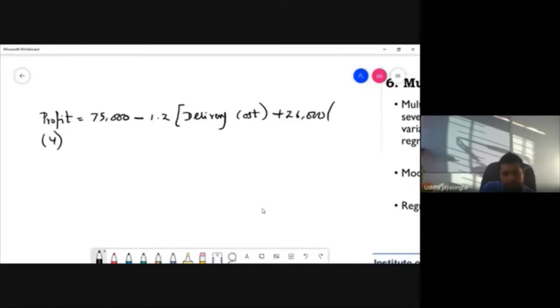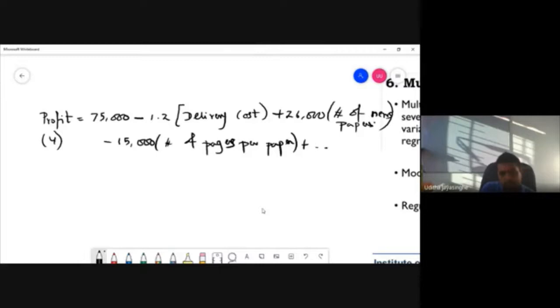number of newspapers minus 15,000 number of pages per paper, plus or minus many more other items. What are these?